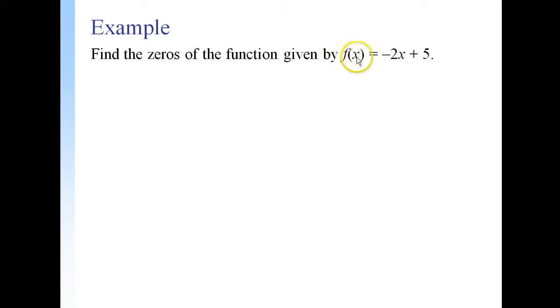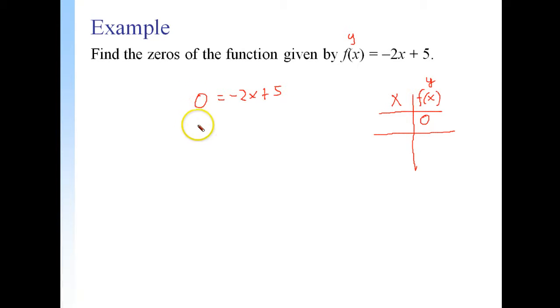Okay. Now, find the zeros of this function. Well, what did we say this was here? This is our y. So what we're looking for here, if we make a little t-chart, this will be x, and this is going to be f of x. Remember, that's y. And we're saying y is 0. So all we do is we put a 0 there. We're going to transpose the 5. That becomes a -5 on this side.